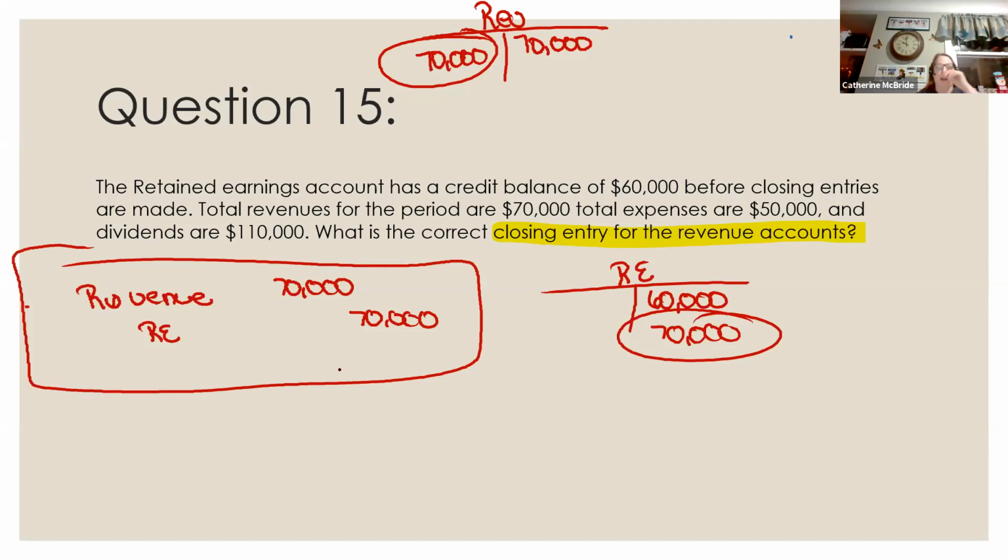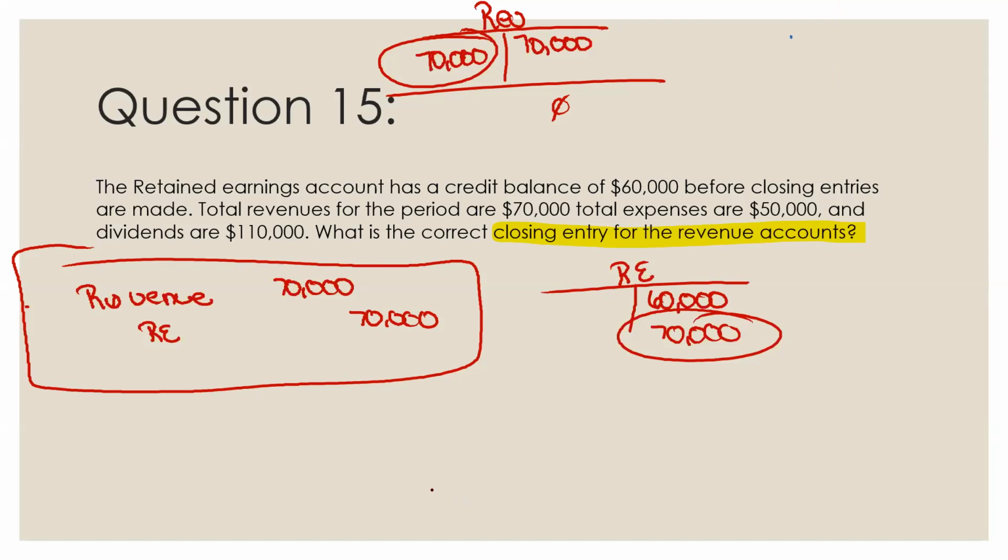And when I do that, how much will be left in my revenue account? Zero. And my retained earnings account will have increased, because revenue increases retained earnings. Yep. All right, are we good here? Yes.